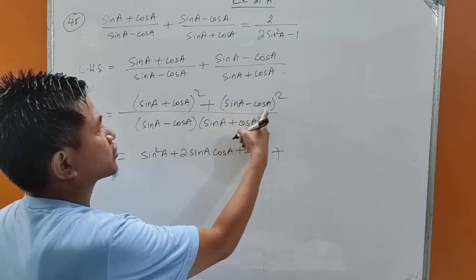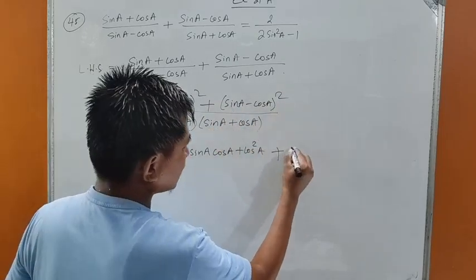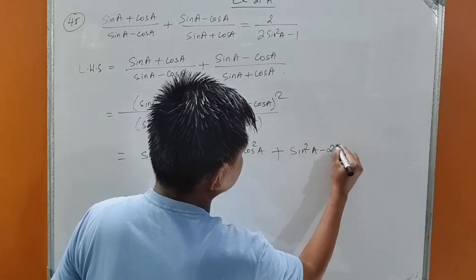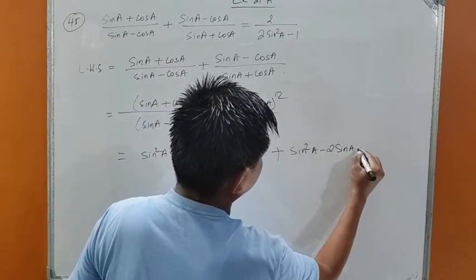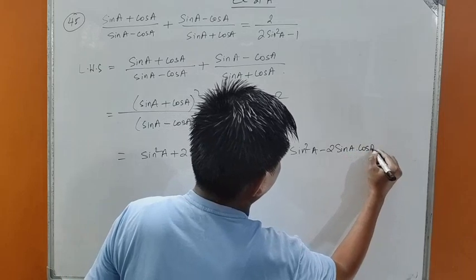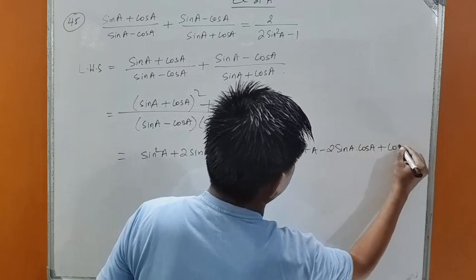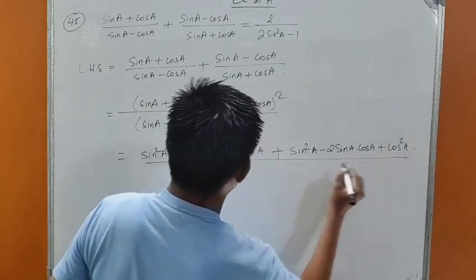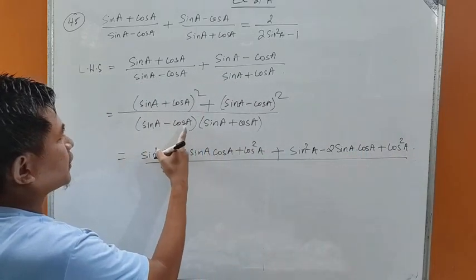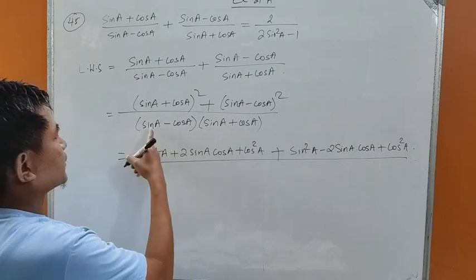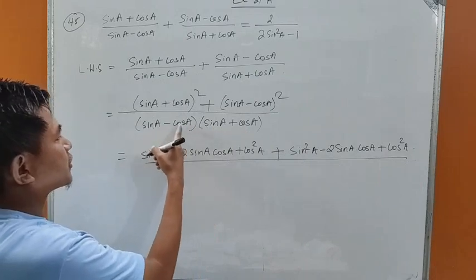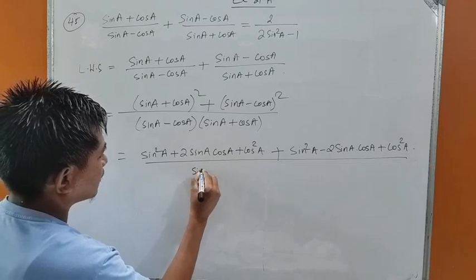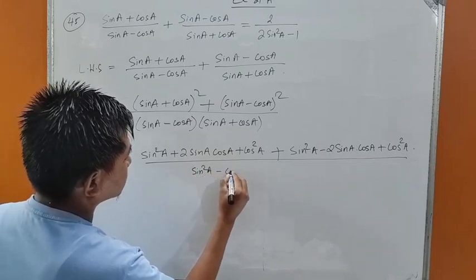Now sin A minus cos A whole square means a square minus 2ab plus b square, isn't it? So in the denominator we have a minus b into a plus b, isn't it? Sin A minus cos A means a minus b into a plus b. This means a square minus b square.